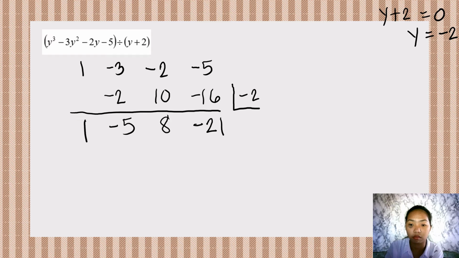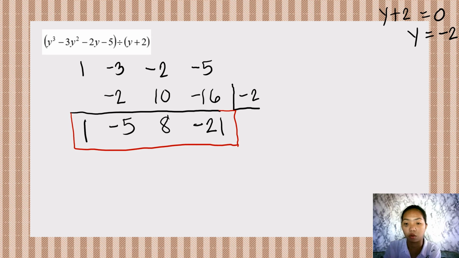So now, these numbers are the coefficients of our answer. How will we write it in quotient form? The 1 is the coefficient of the largest degree, but not anymore 3. We use one less than the highest degree, 3, so we use 2.